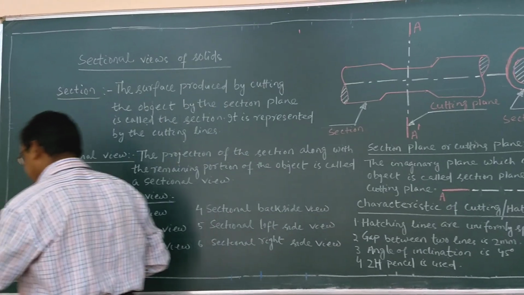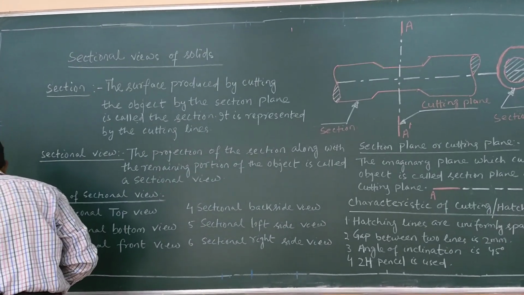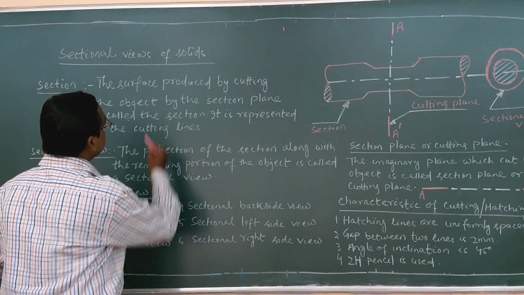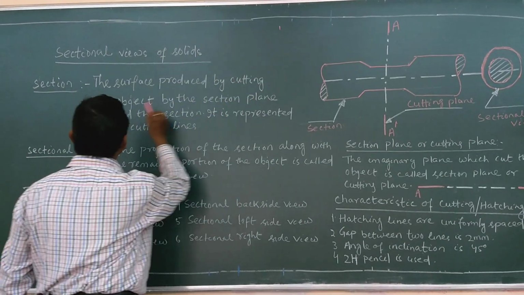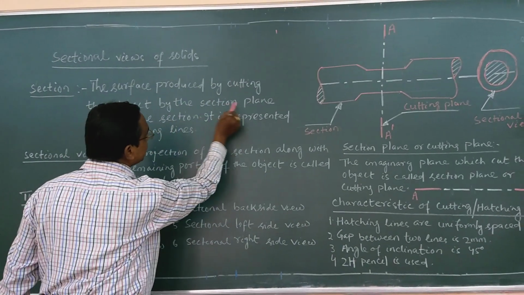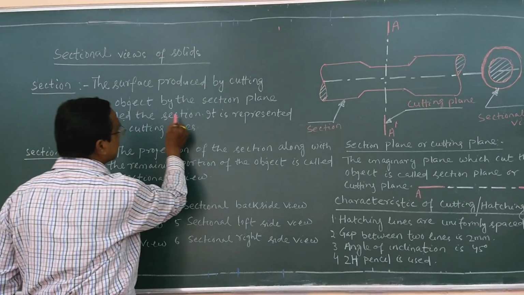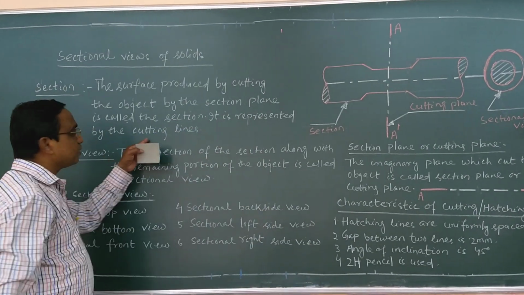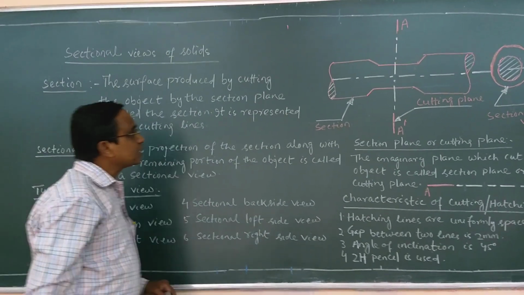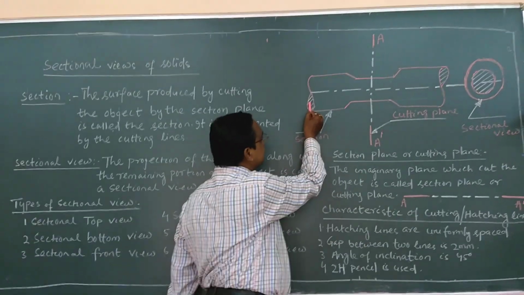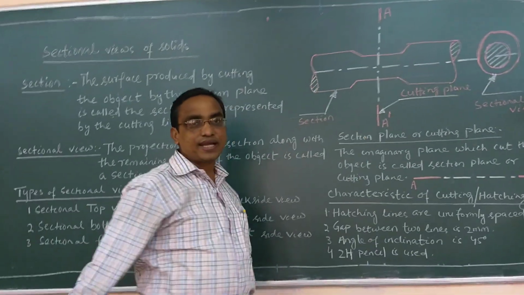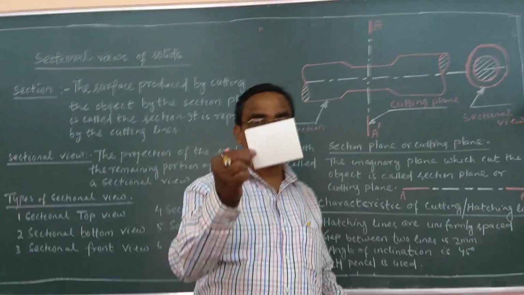Just you mark. So what is the definition of a section? The surface produced by cutting the object by the section plane is called the section, and it is represented by the cutting lines. These are the cutting lines. The section is represented by the cutting lines, and this is my cutting plane.